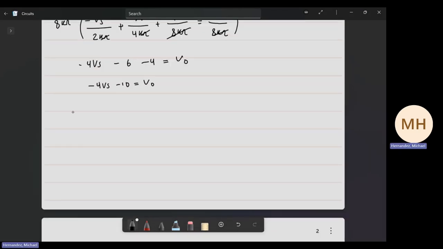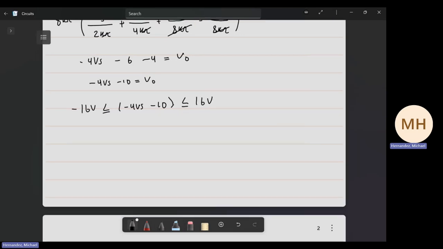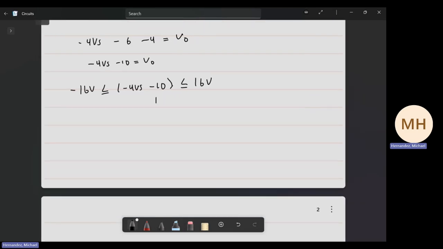Plug this back into this equation right here. And so it'll be negative 16 volts less than negative 4 VS minus 10, less than 16 volts. And then we can just add a 10 to both sides. Negative 6 volts less than negative 4 VS, less than 26 volts.